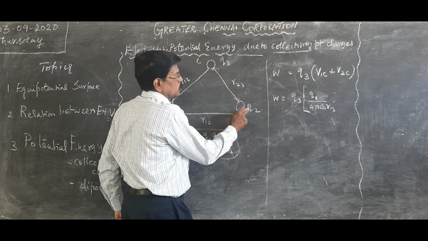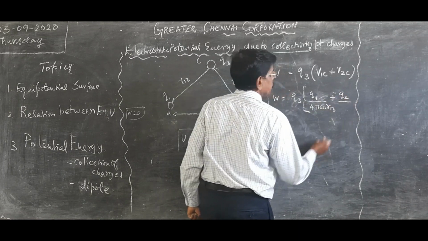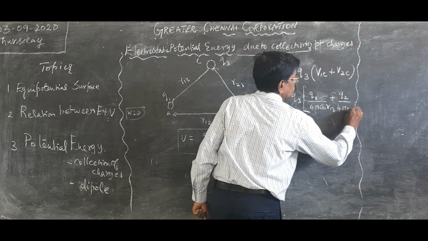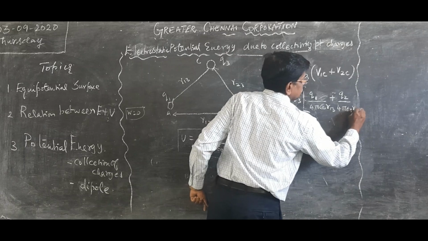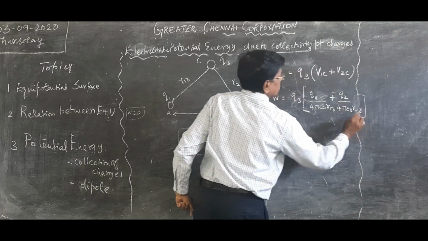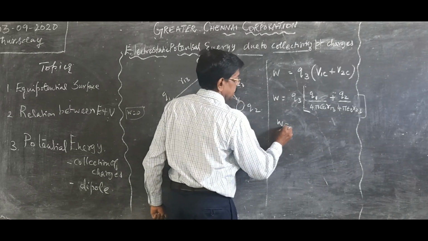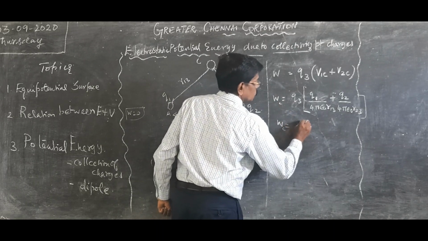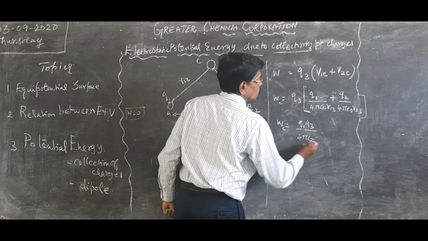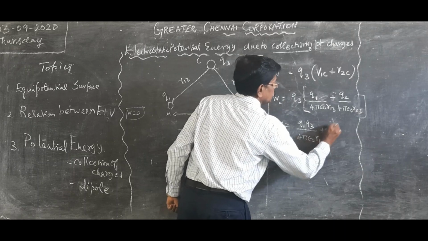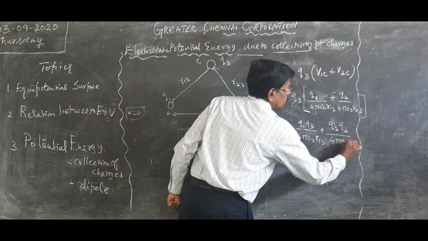What is the potential due to the second charge? Plus Q2 by 4 pi epsilon 0 R23. Now, the work done in bringing the third charge at C is Q1 Q3 by 4 pi epsilon 0 R13 plus Q2 Q3 by 4 pi epsilon 0 R23.